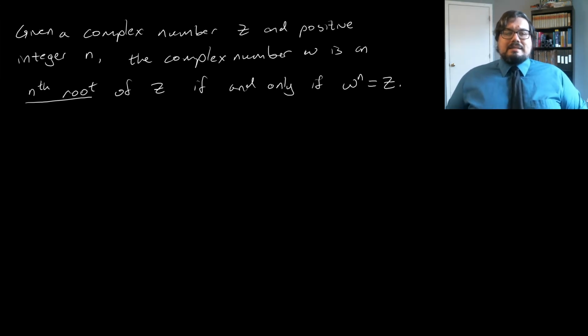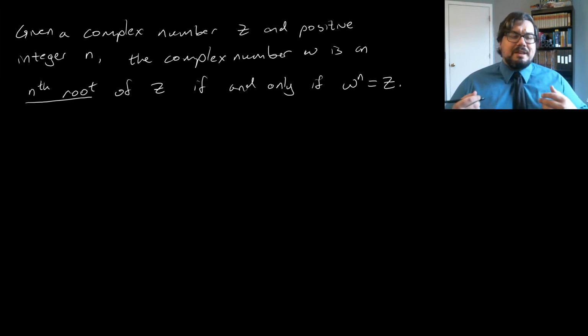So this is similar to our definitions for roots for real numbers. Now the difference here is that when we're working with real numbers, if we take an odd root, like a cube root or a fifth root, there's only one number that will satisfy the equation.